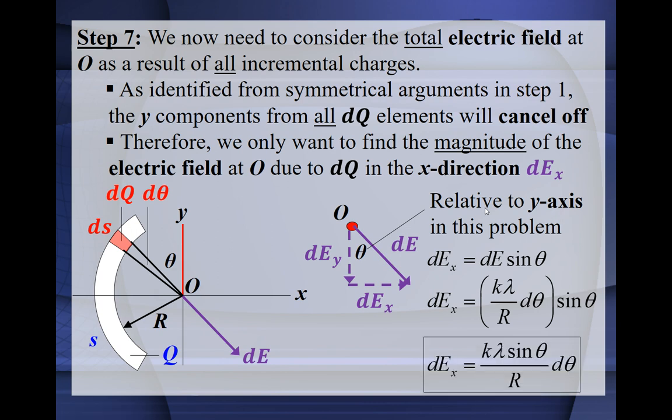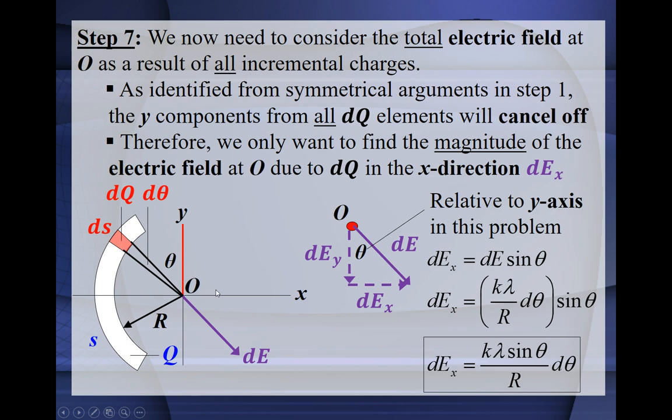And we can just write it like this now. We have dEx is equal to k times lambda times sine of theta over R multiplied by d theta. Okay, so that's going to be the electric field due to this small chunk of the arc length at point O in the x direction.